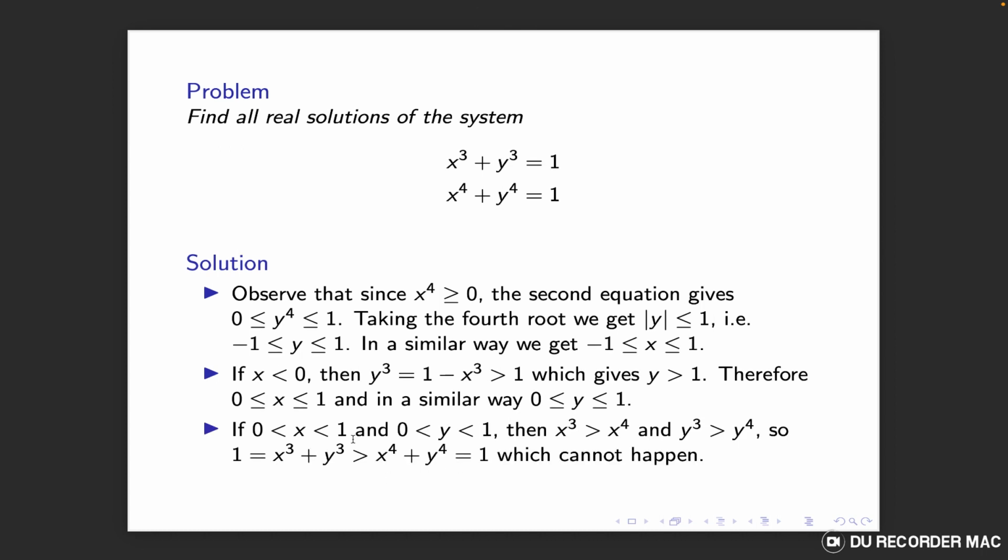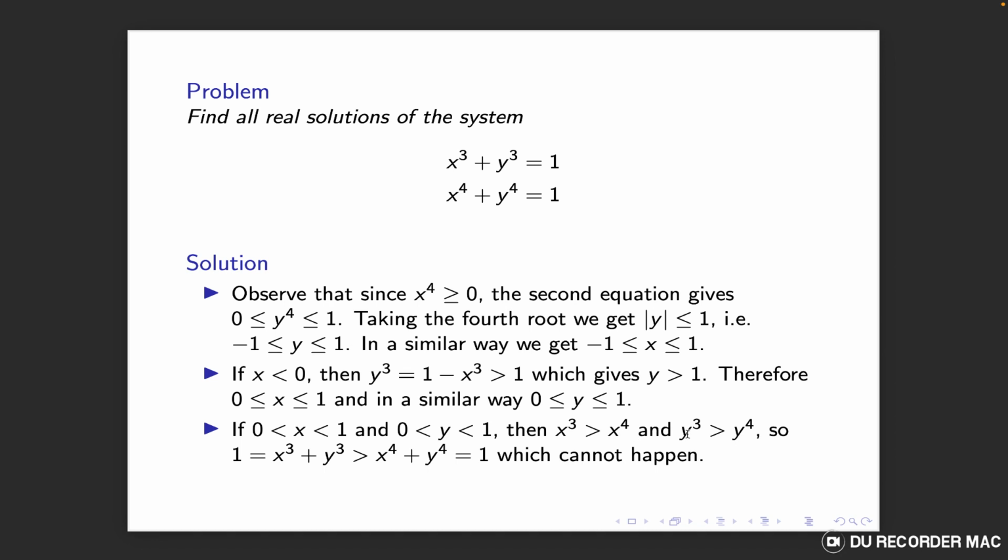So we do have that x is between 0 and 1. Now let's look at the strict inequality case. So if x is strictly greater than 0 and less than 1, and y is strictly greater than 0 and less than 1, since x is less than 1, x cubed will be greater than x to the power 4.